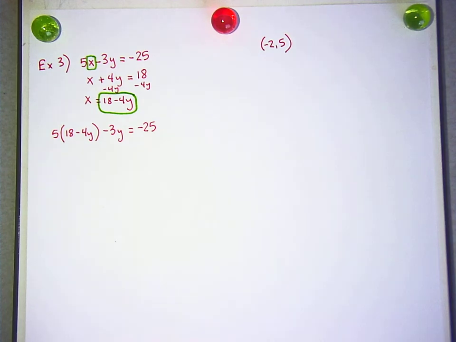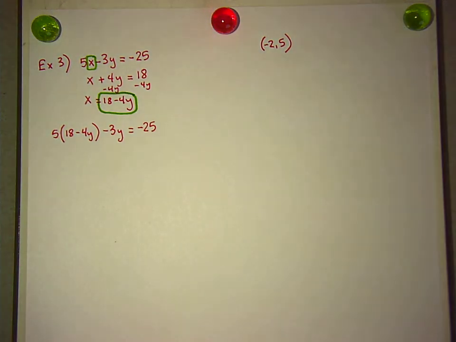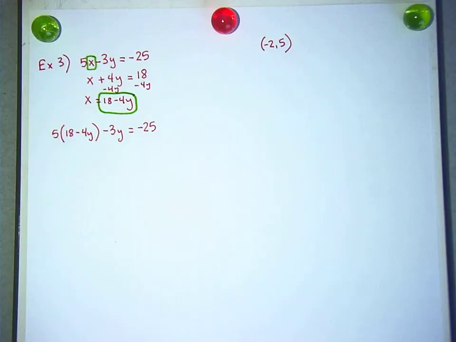So -20 and -3 is -23. Yep, you do both. So you're going to plug in 5.